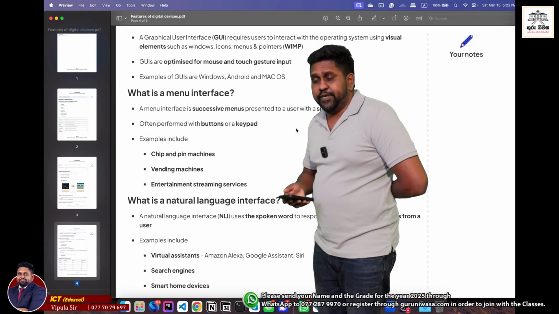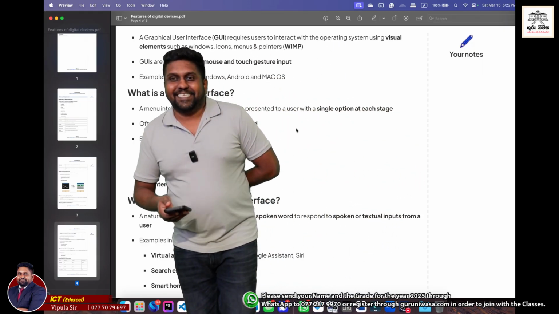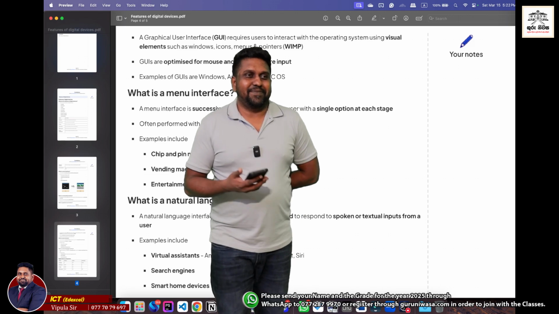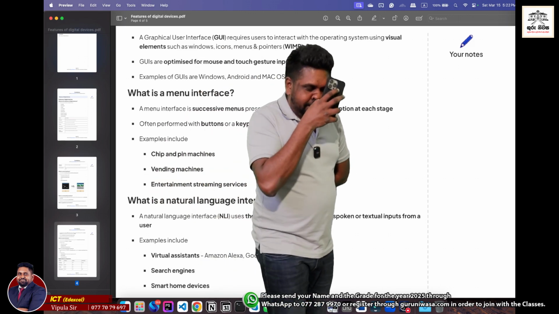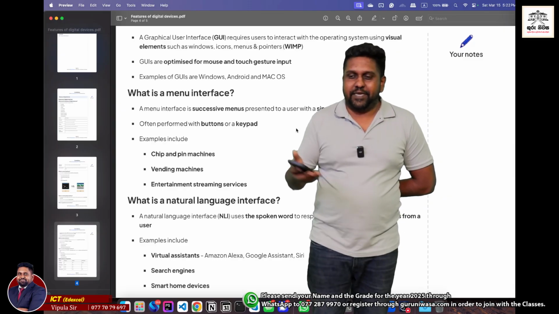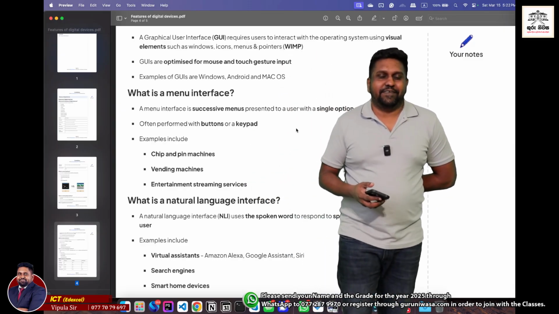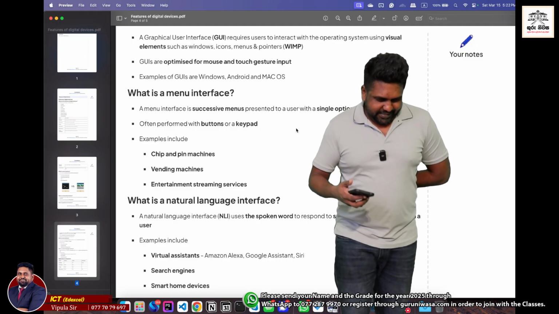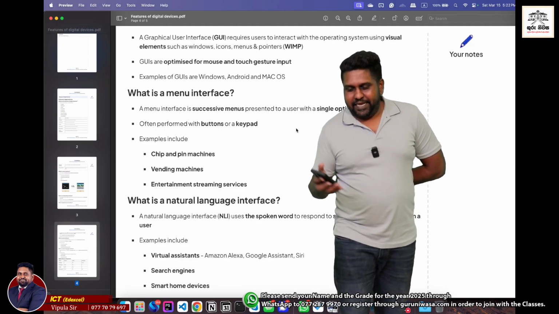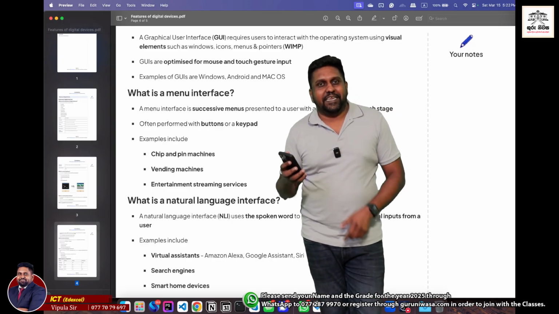And what else? Our old button phones, the dumb phones, they don't have a graphical interface where you can control by touch and all. So those are also known as menu interfaces, where when you take the phone and look at it, you tend to see all the available menu items.